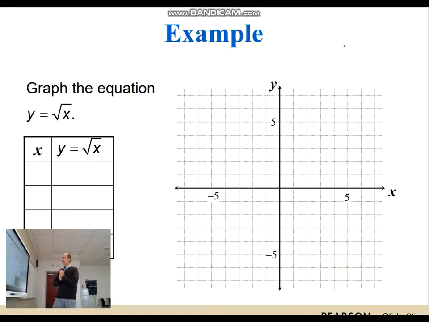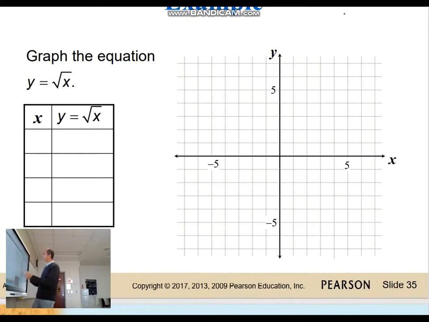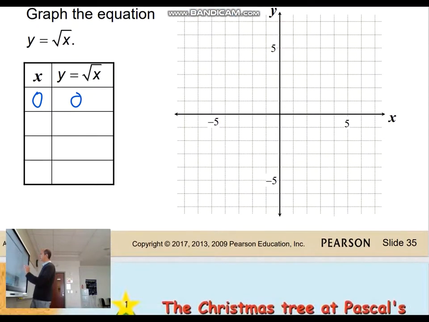Now let's graph the equation of the square root function. y equals the square root of x. Assume some values for x. Let's say x equals 0, and then square root of 0 equals 0, right? x equals 1, square root of 1 equals 1.